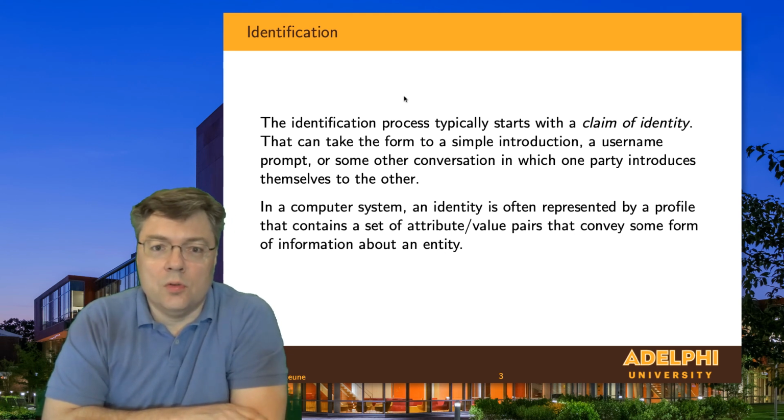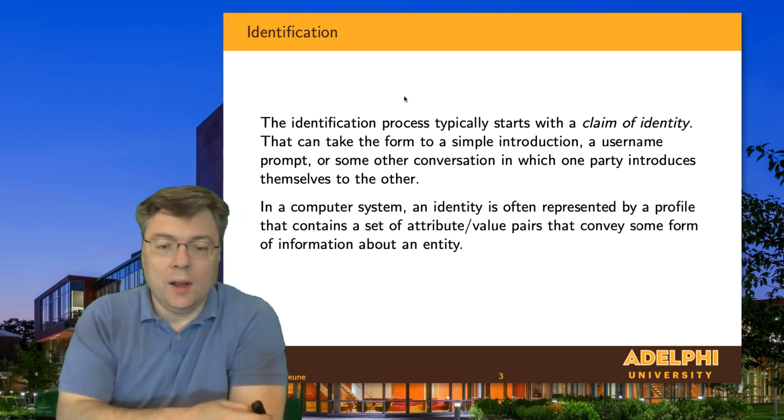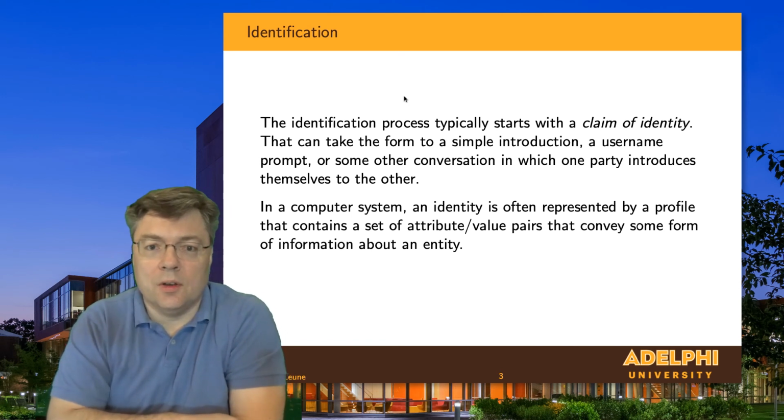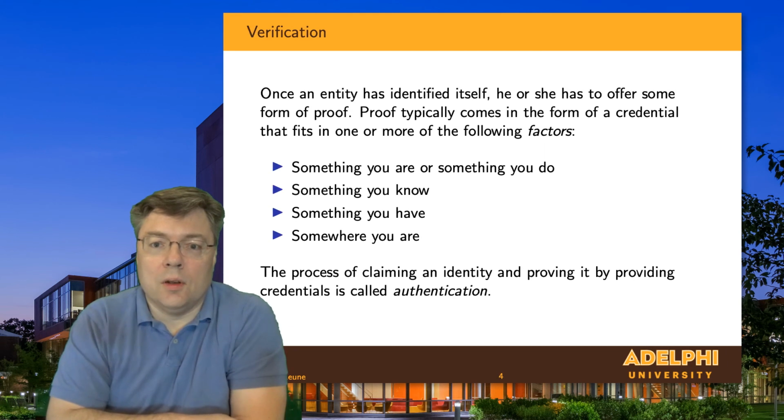Some systems do it through literally typing the username. Others might have you swipe a card that has information imprinted on it or scan a document. It really doesn't matter. All we're doing is often a public exchange of who we are, a claim of identity. The second stage, the proving of who we are, would not necessarily be a public exchange, because someone who is eavesdropping could then just take that and run with it as well.